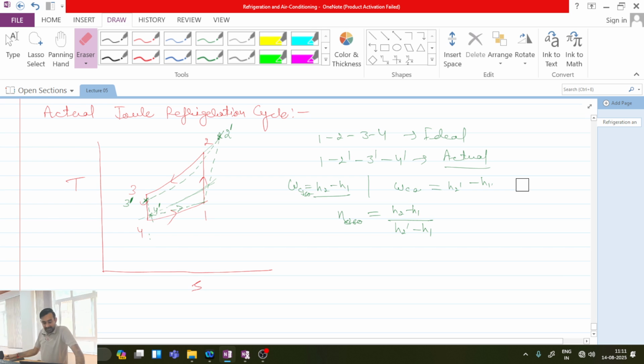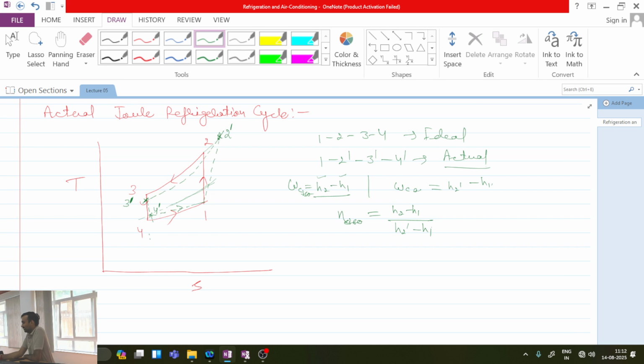So it means that if it is given in the question that the isentropic efficiency of the compressor is 80%, what you need to do? First, you need to assume an isentropic process. From the isentropic process, you can find out H2 minus H1, and then you must divide that H2 minus H1 by the isentropic efficiency of the compressor in order to obtain the actual work supplied to the compressor.